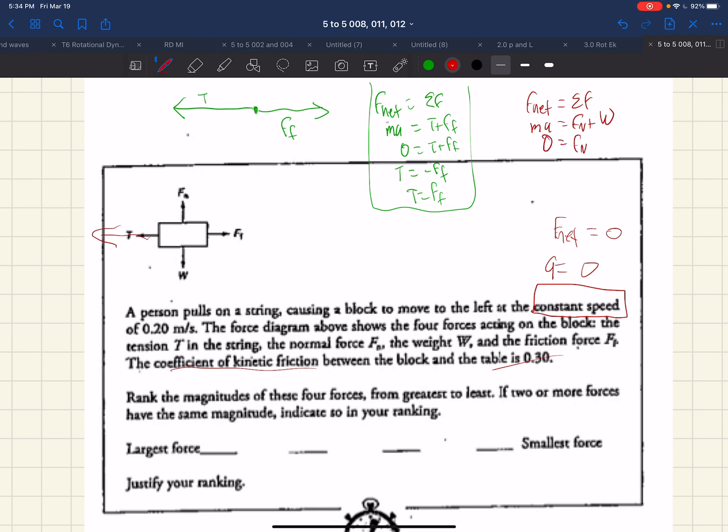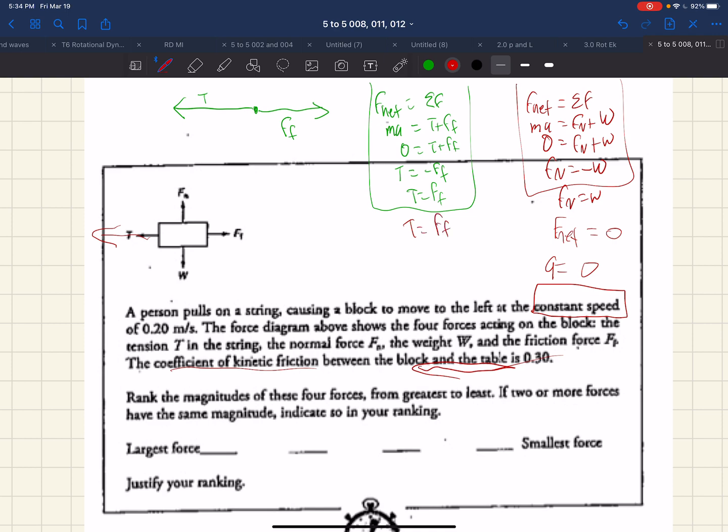It's not accelerating upward or downward, since it's being pulled along a table. So Fn plus W, so Fn is equal and opposite to the weight. The magnitudes are equal. So we know Fn equals W and T equals FF.